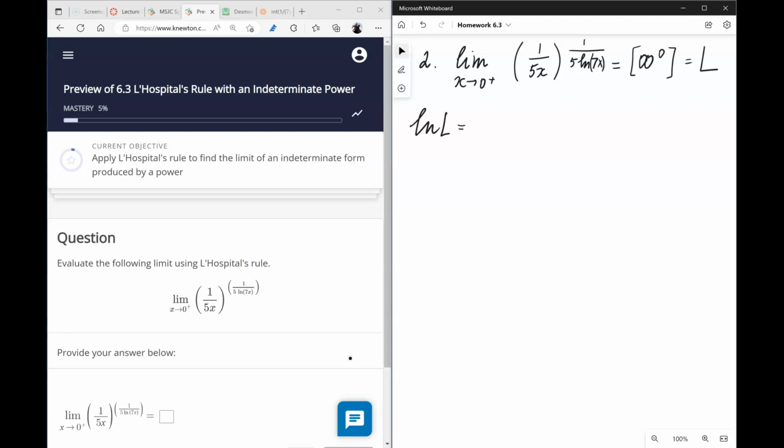And we're going to pass the limit through the ln right away. So we have the limit as x approaches 0 of, and I'm going to write the exponent out of the logarithm right away, times ln of 1 over 5x.